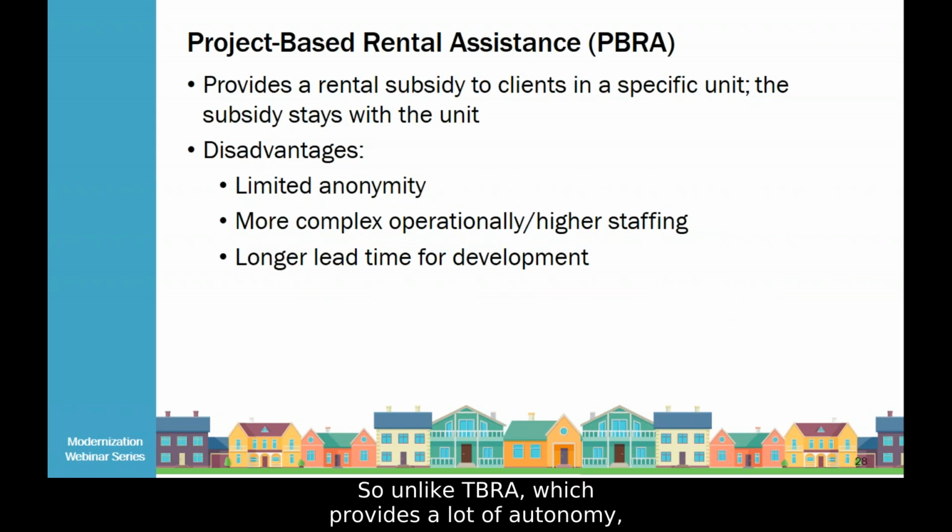So unlike PBRA, which provides a lot of autonomy, project-based rental assistance limits autonomy somewhat because people aren't free to choose where they live. They might be offered a number of project-based assisted units, but they can't just kind of go out in the broader community. And if it's a single site program, then that also means that many people, right?